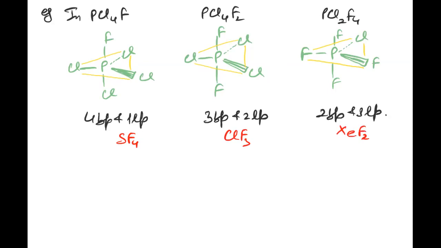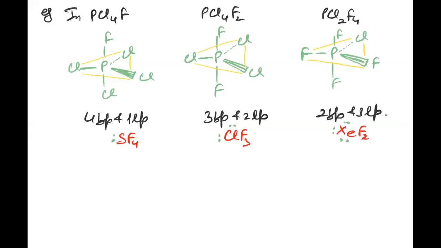Here we have only 1 lone pair, here we have 2 lone pair, and in this case we have 3 lone pair of electrons. Now everywhere we have to try to draw their structure. Just remember, in these geometries, lone pairs of electrons should always occupy equatorial positions.